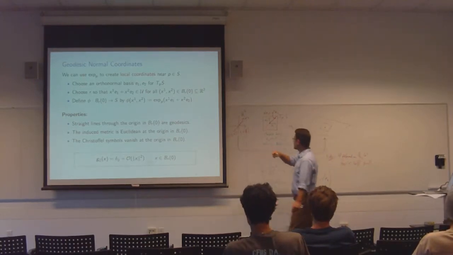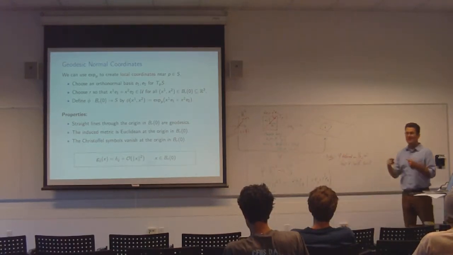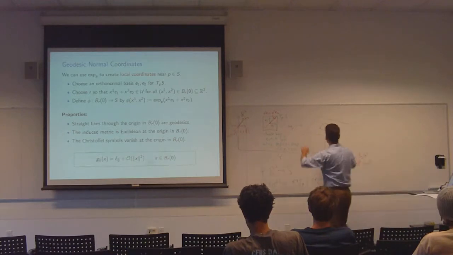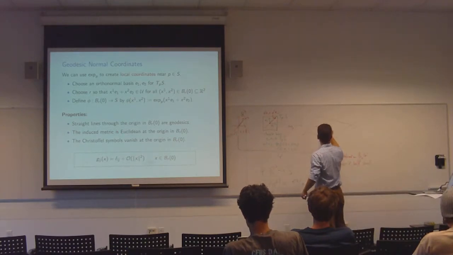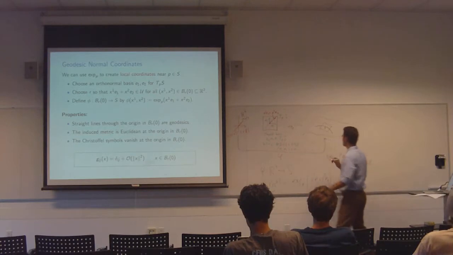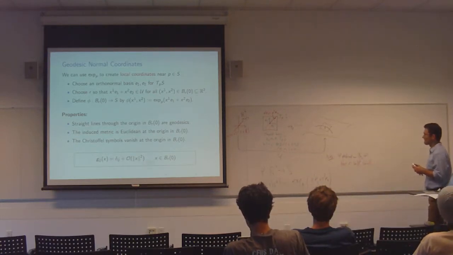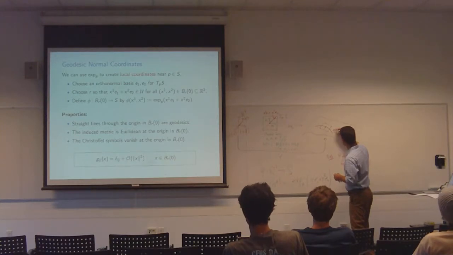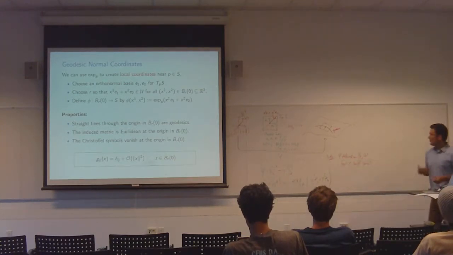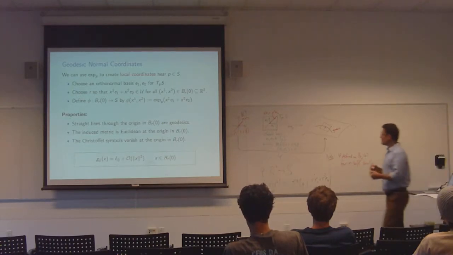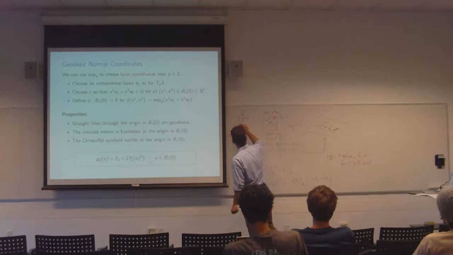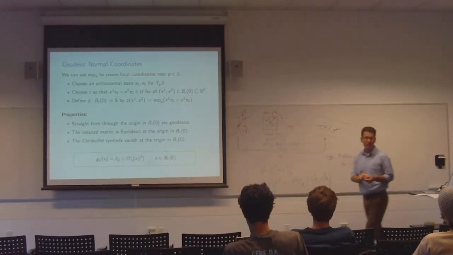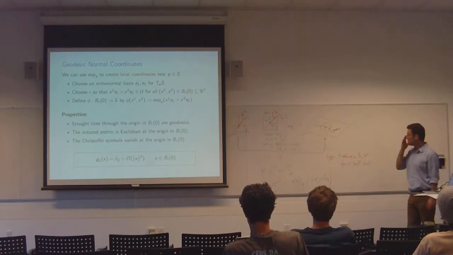And remember we said on the previous slide that the exponential map of tv is a geodesic. So that straight line here maps to this geodesic here. Straight lines through the origin map over to geodesics. So in particular, the coordinate curves themselves are geodesics too.